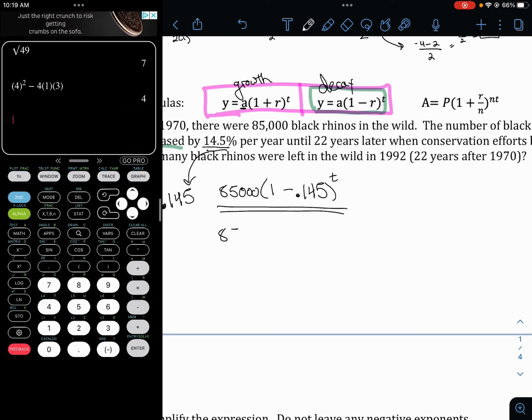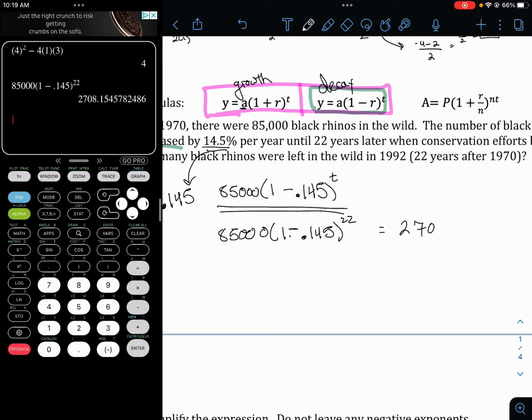Well, we're just going to put 22 in there for our t, 1 minus 0.145 to the 22. And that right there will be our population. And that leaves about 2,708.15. If you want to round, can't have 0.15 of a rhino, you can do that.